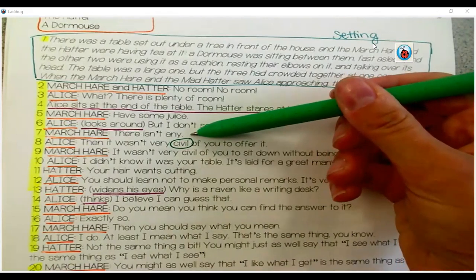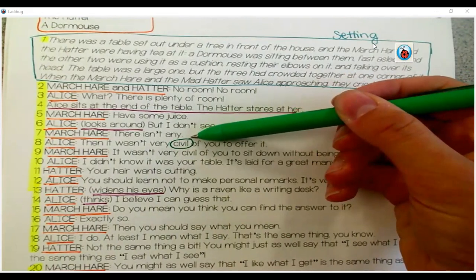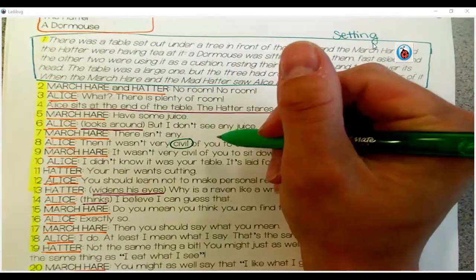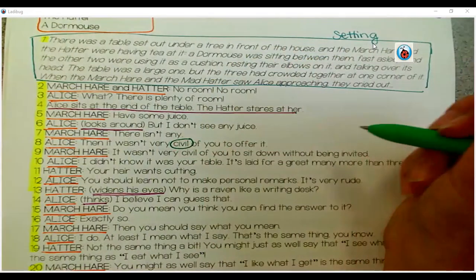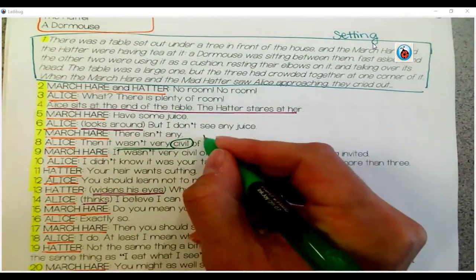So I think that's kind of odd. If that happened to me in real life, I would think that that wasn't very polite, maybe even a little bit rude. So I could say that something that wasn't very civil could possibly mean rude. I'm gonna write that here.